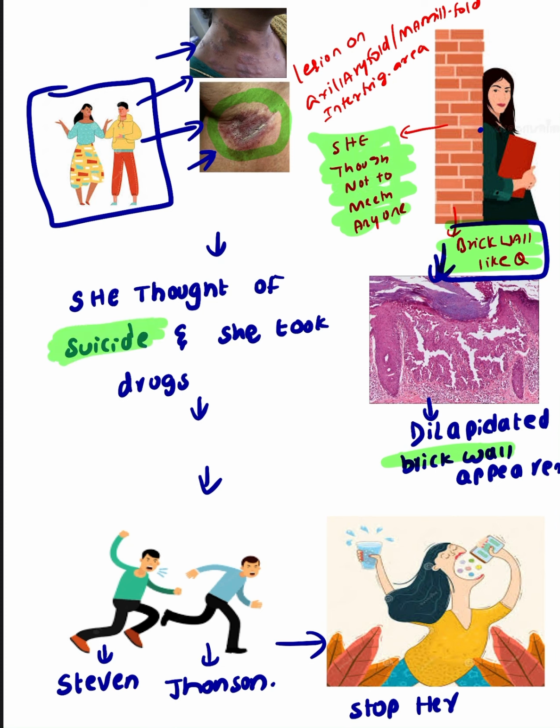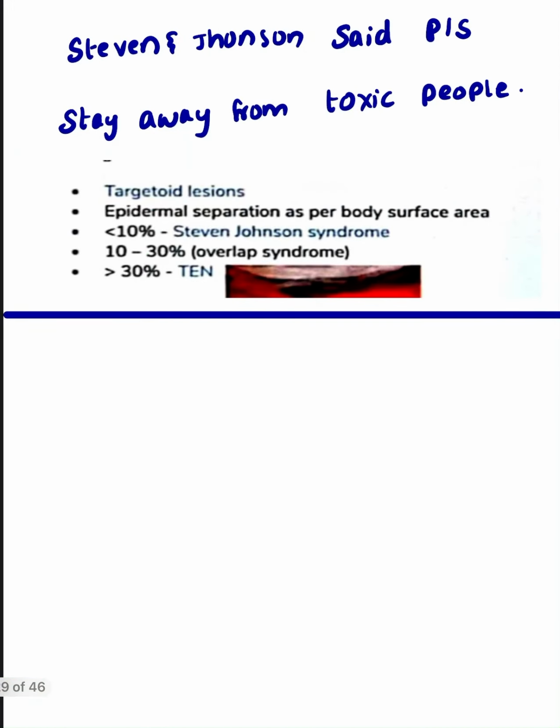So she thought of suicide because of the depression, and she took drugs. Later her friends Steven and Johnson tried to help her and stop her from taking the drugs. Why am I saying all this? Because in Hailey-Hailey disease Stevens-Johnson syndrome is associated in less than 10% of people.